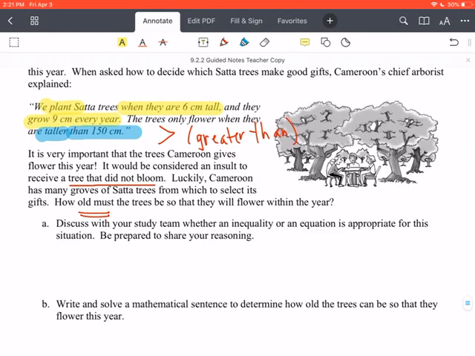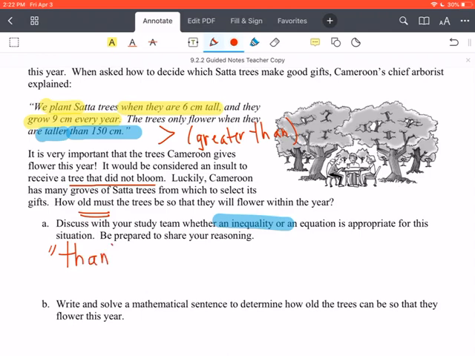So we need to think about, is inequality or equation going to be more appropriate for this situation? Well, certainly inequality, because whenever you see the word "than," that's a good clue that it's going to be an inequality. So the key word in this one was "taller than."